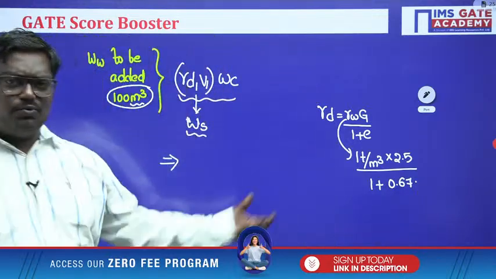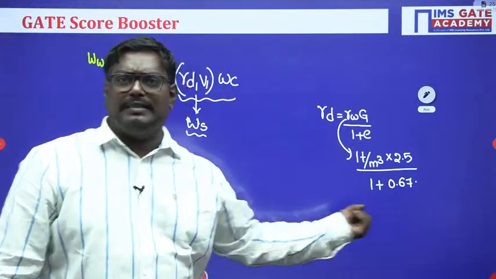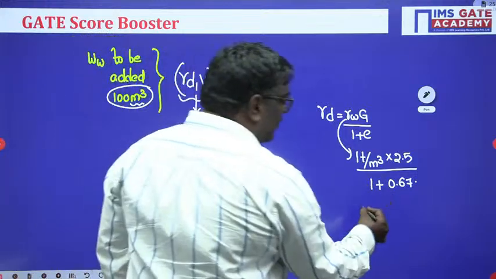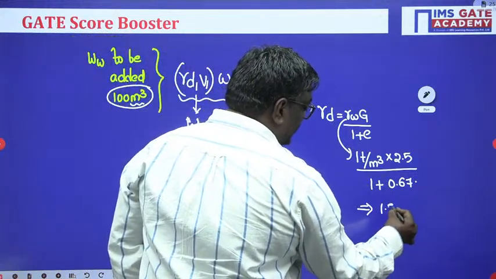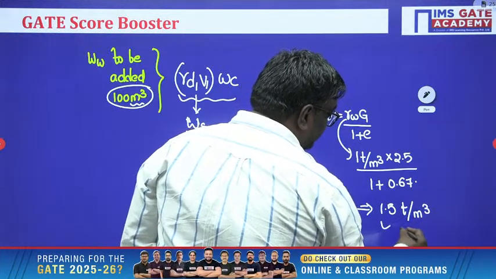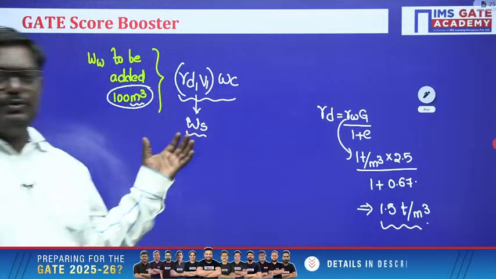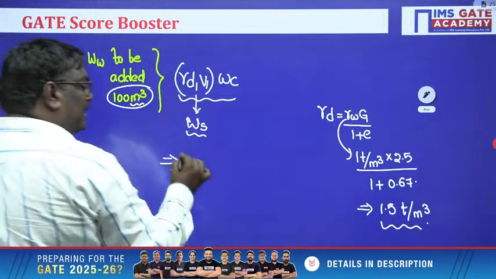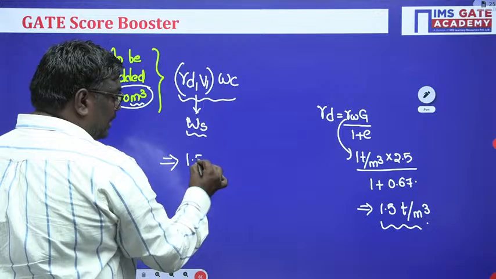If you do this, 2.5 divided by 1.67 is nothing but 1.5. So gamma d is 1.5 ton per meter cube. Now you know all the values, you just plug in here.